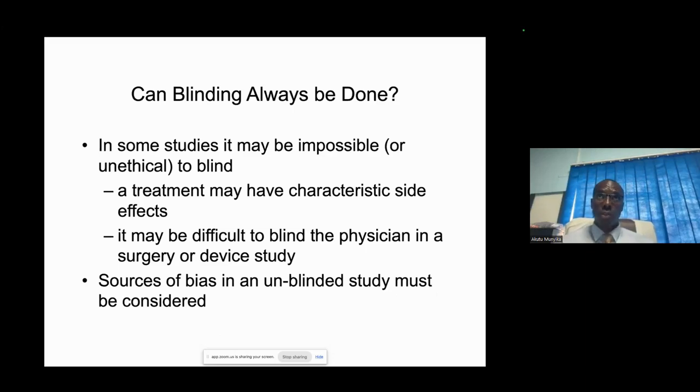And the sources of bias in an unblinded study must be considered and must be disclosed. That because of this, we could not create this blinding, or because of this, we have to consider this certain bias, as long as that is disclosed and mentioned, that could at least inform the reader of what is happening.